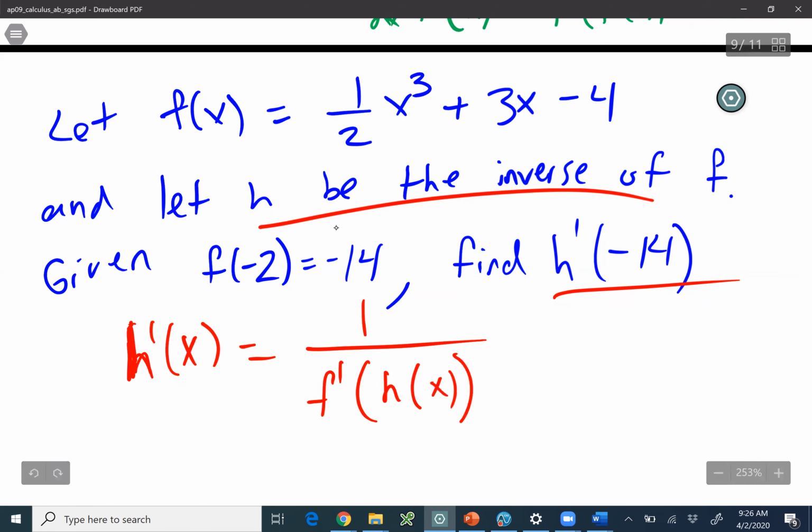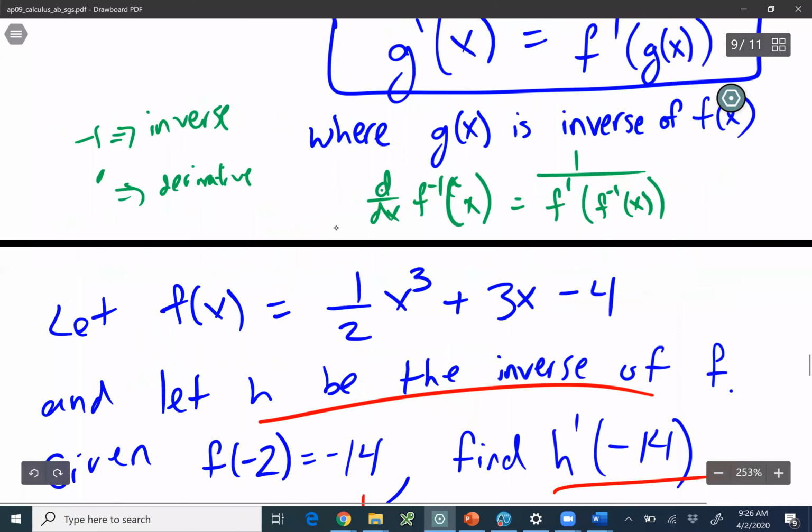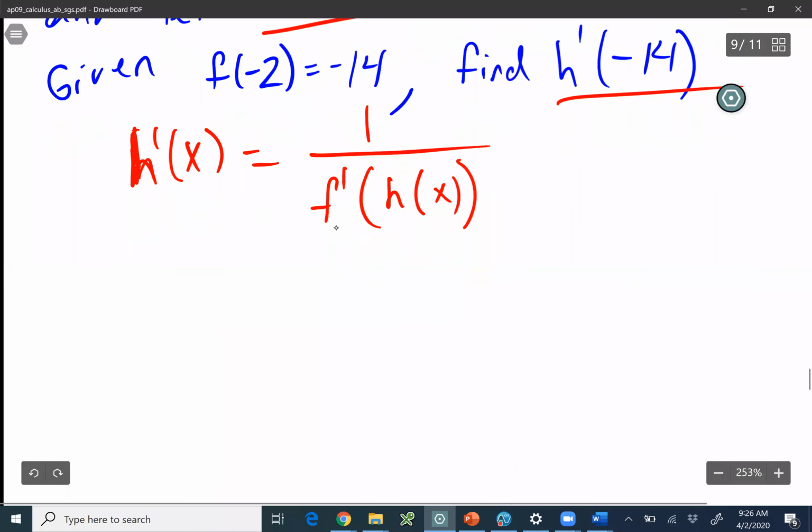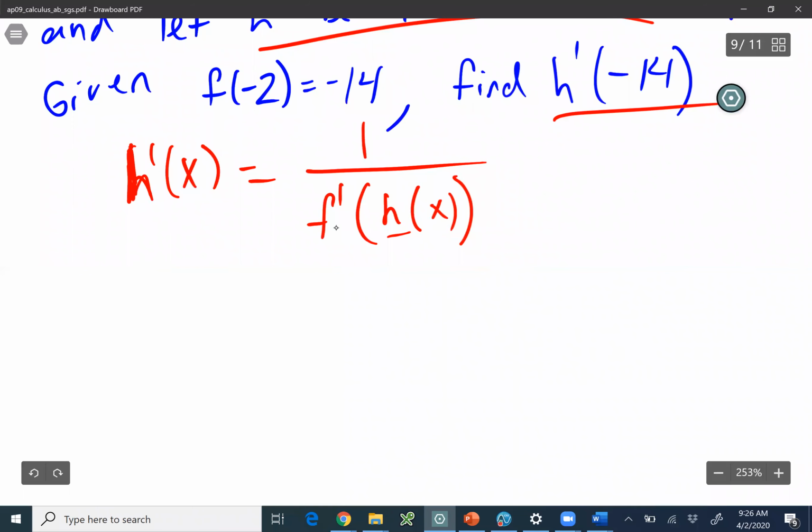And what you can remember with the formula, if you want to, is that the g, like the inverse, always goes inside, because it can't be g prime because we're solving for g prime. So the one with g doesn't have a derivative and it's inside, and the f prime is outside. So our h matches up with the h.